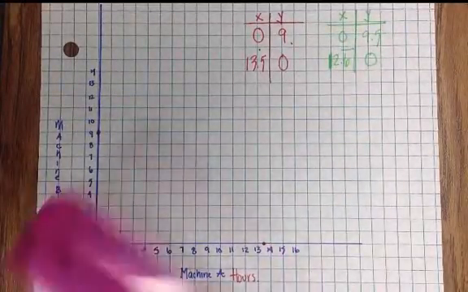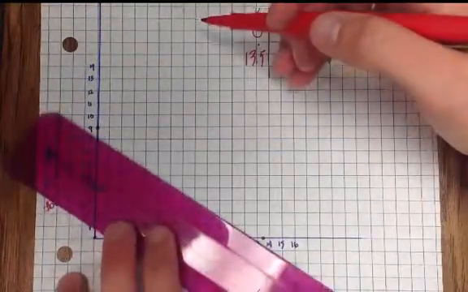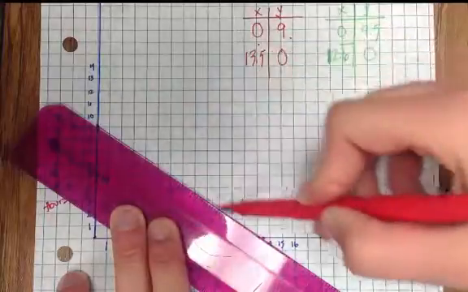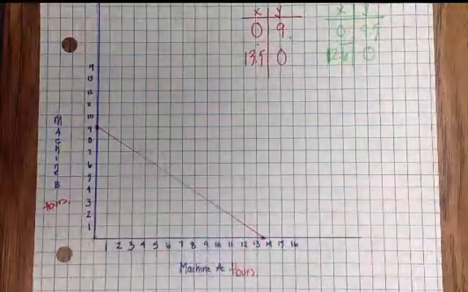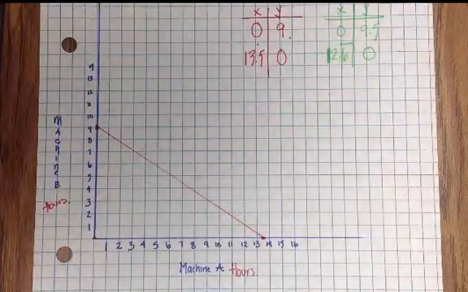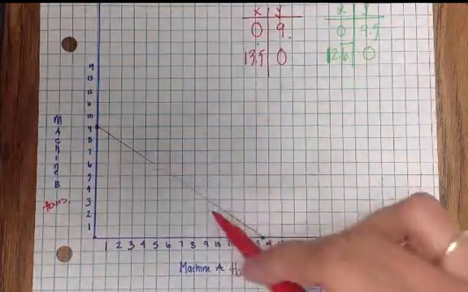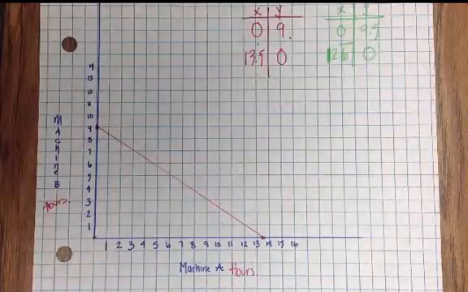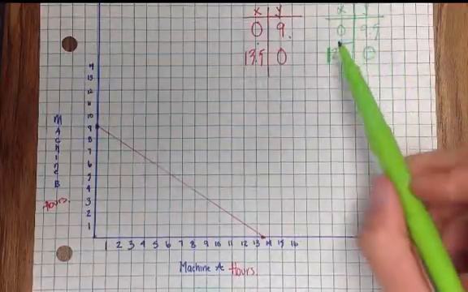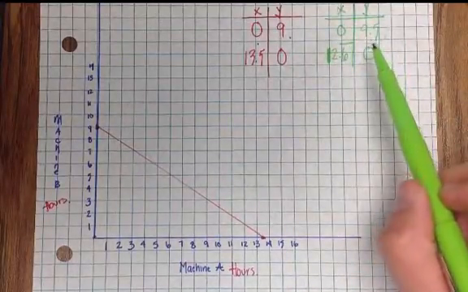Now I'm going to take my ruler and connect these points. When you graph using the intercepts, you're only using 2 points. So it's a bit of a sketch, because we don't have something that's going to help us find our line in the middle, but it's still accurate enough for what we're doing.